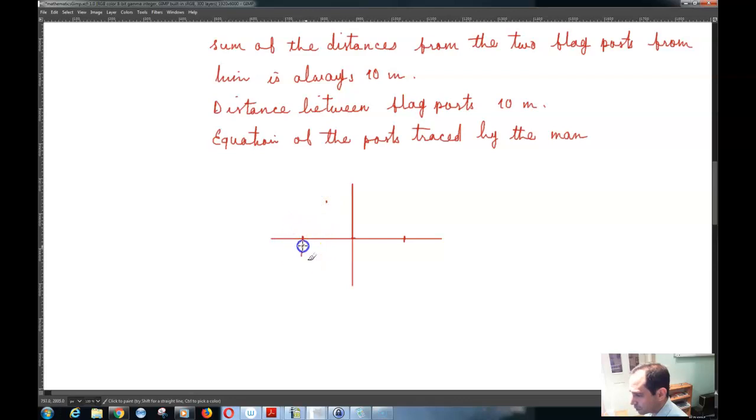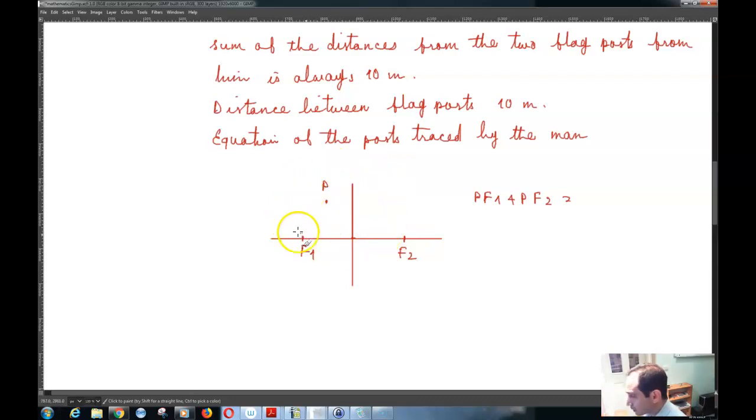If I call these F1 and F2, and if I call this P, so PF1 plus PF2 is equal for any other P that you might imagine, considering the kind of path that he was tracing.